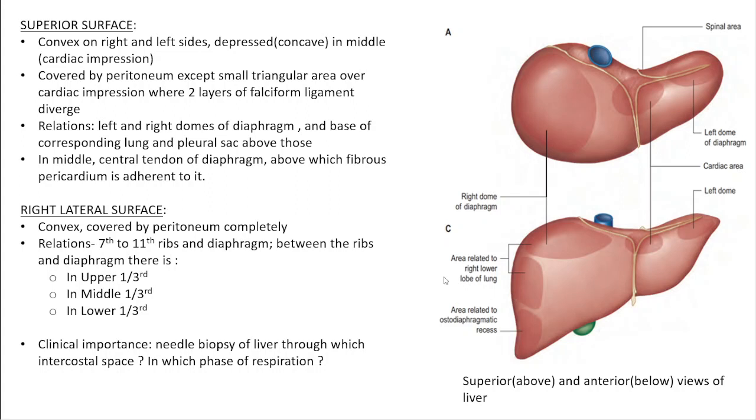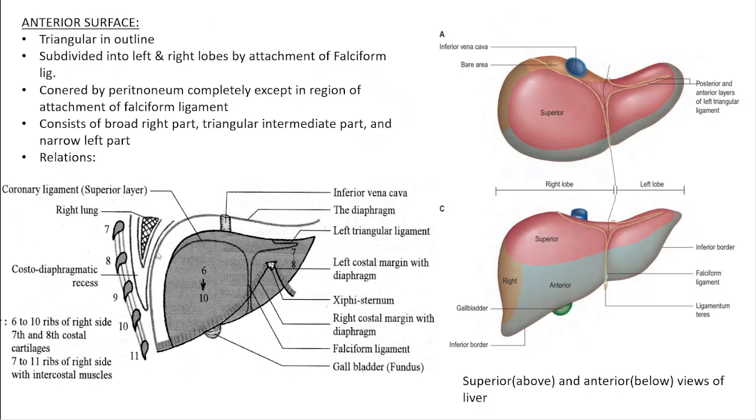That is also in relation to the right part of the diaphragm, but if we see in this diagram, this surface is in relation to the 7th to 11th ribs. In the mid-axillary line, specifically, if we cut a coronal section through the body passing through the mid-axillary line, we will see that the right lateral surface of the liver comes in relation to the 7th, 8th, 9th, 10th and 11th ribs.